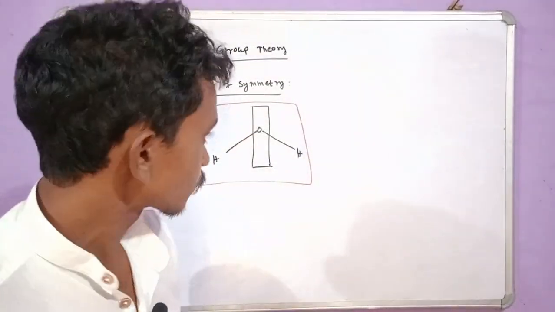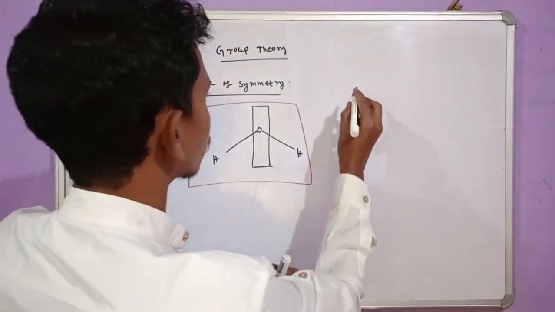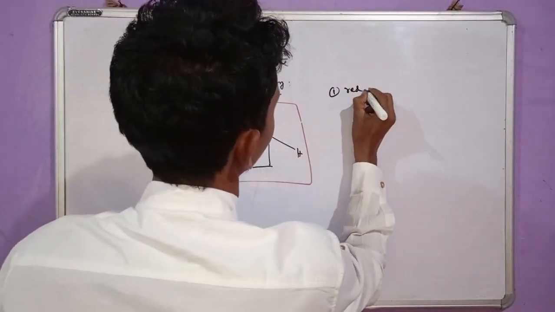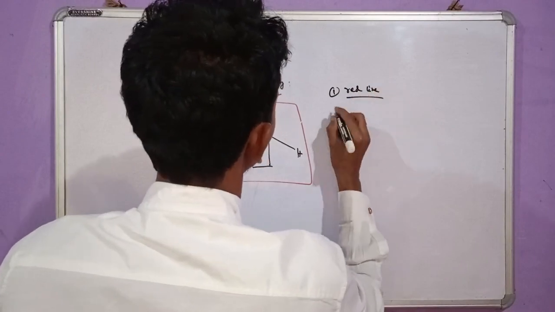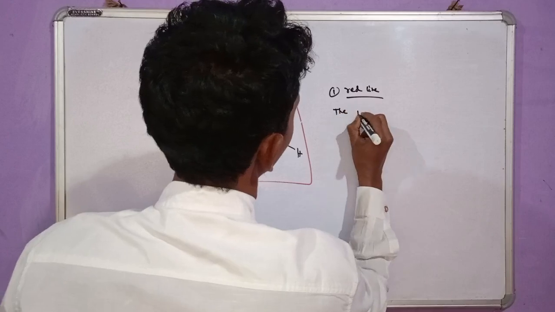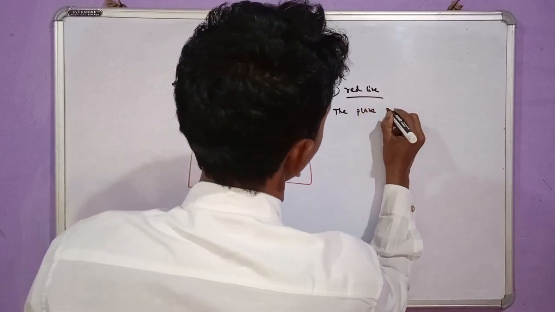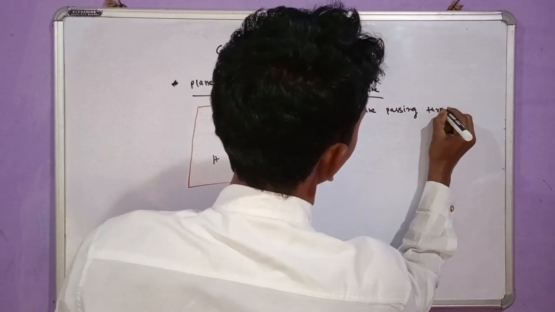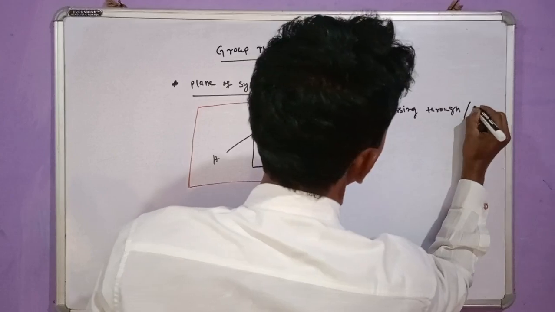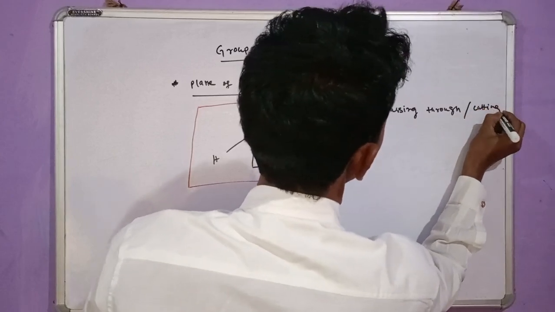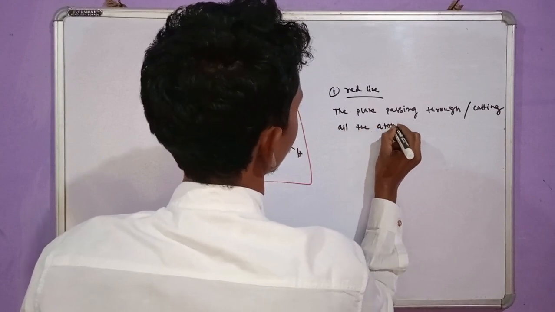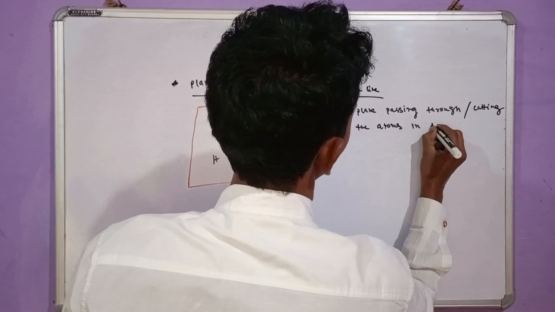Okay, so this red line is one plane, and here the plane is passing through or cutting all the atoms in the molecule.